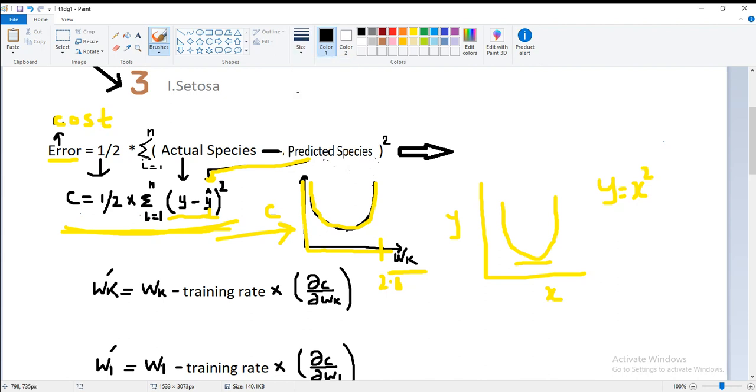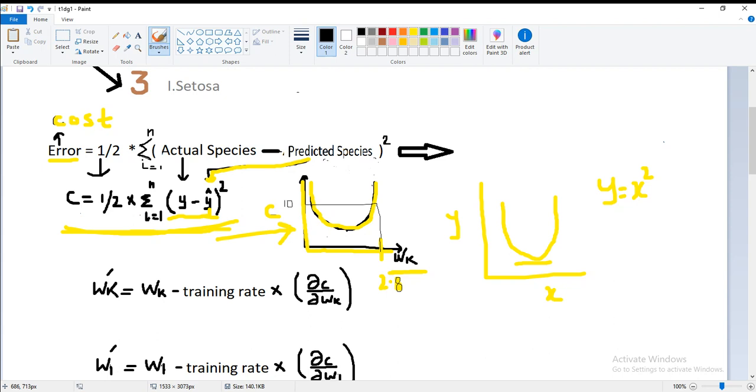This is our weight, which is 2.8, and let me draw a straight line. And let's assume that the cost for this value is 10.